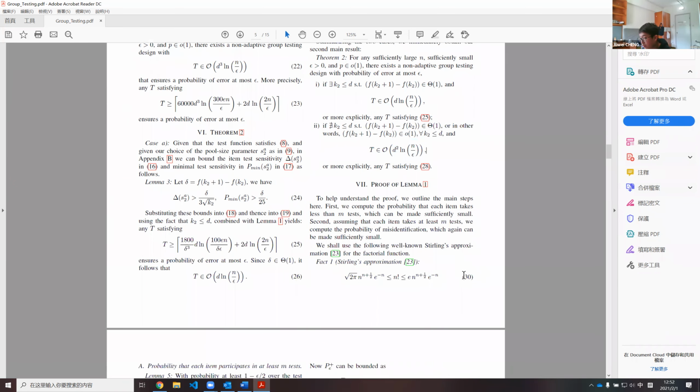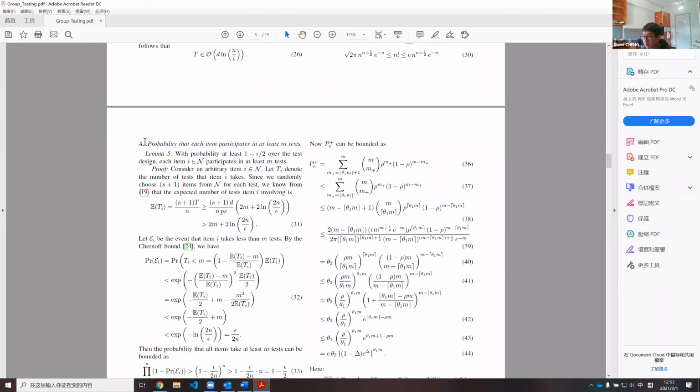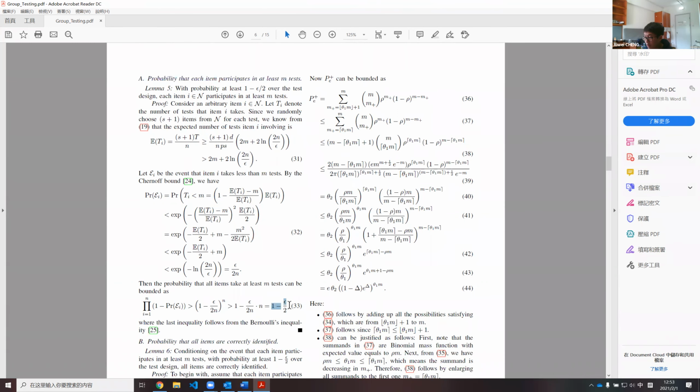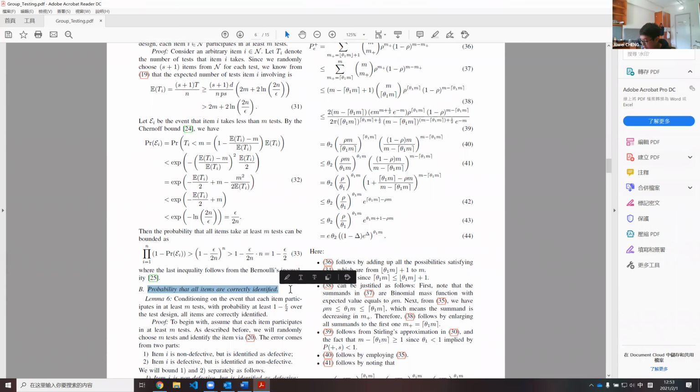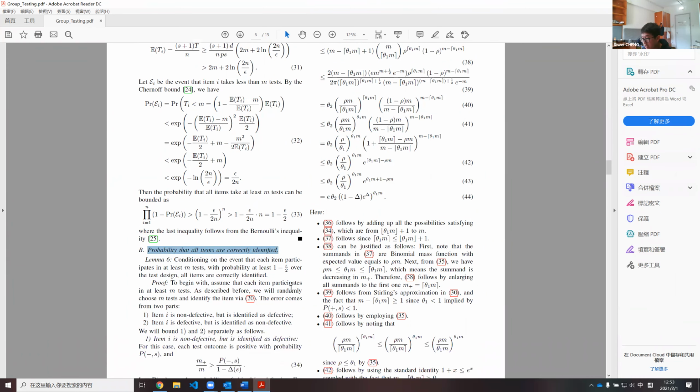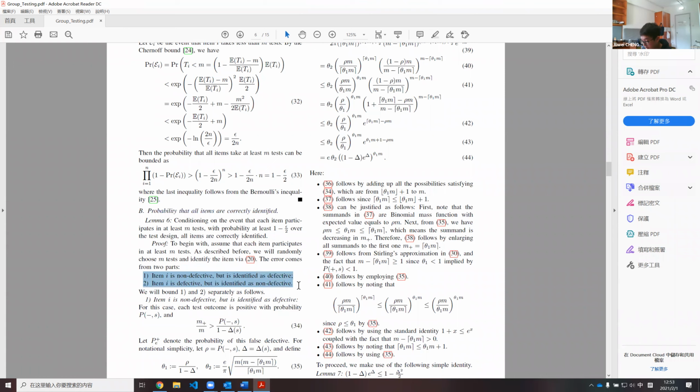Then let's go to the proof part. For lemma 1, we first bound the probability that each item participates in at least m tests. We know that the probability should be smaller than 1 minus epsilon over 2. And then we compute the probability that all items are correctly identified. It is divided into two parts.